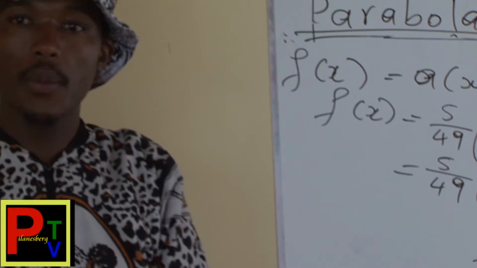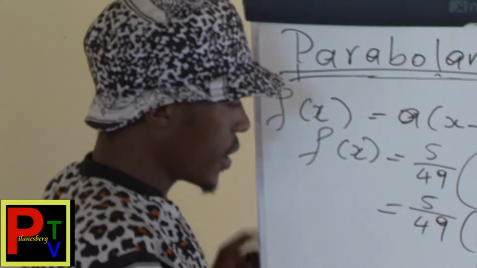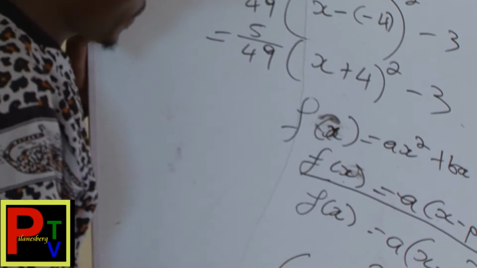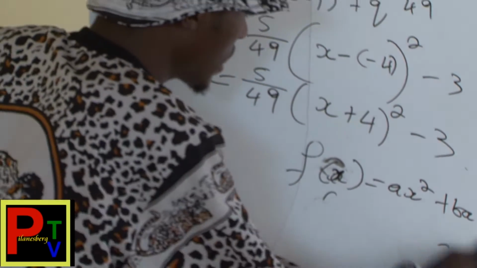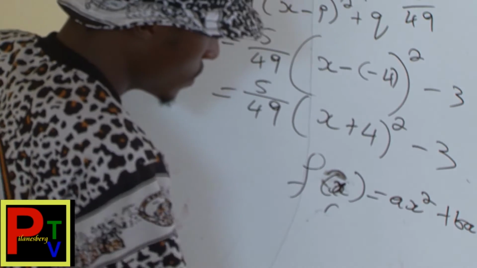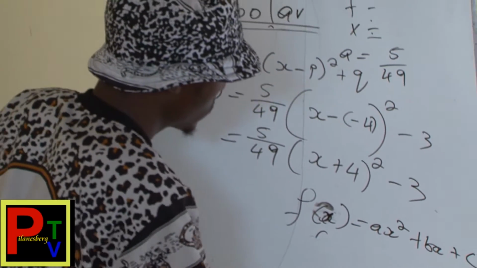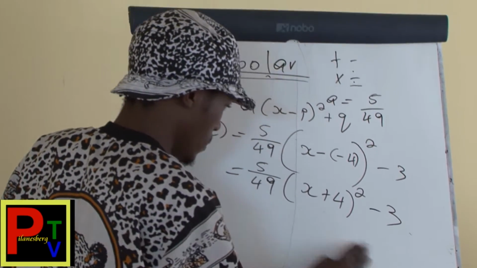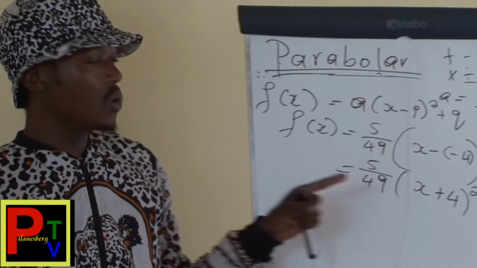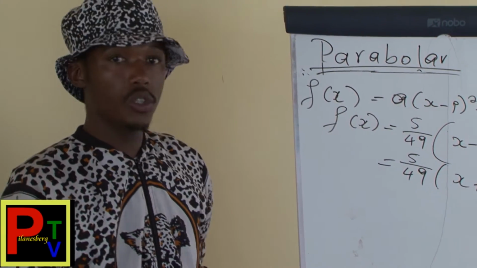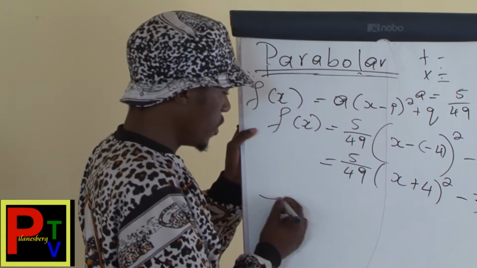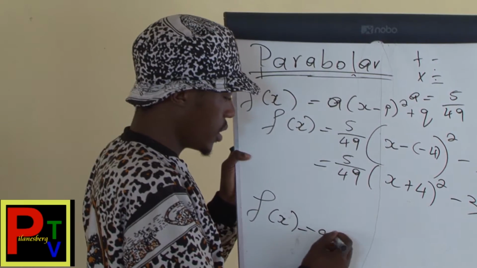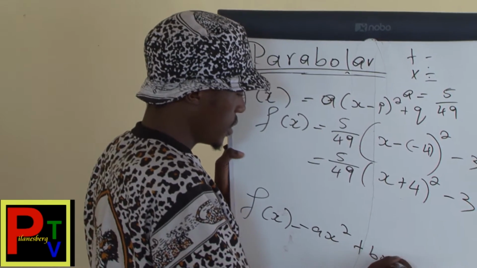This can be your equation, or you can still continue to write it in the form f of x is equal to ax squared plus bx plus c.